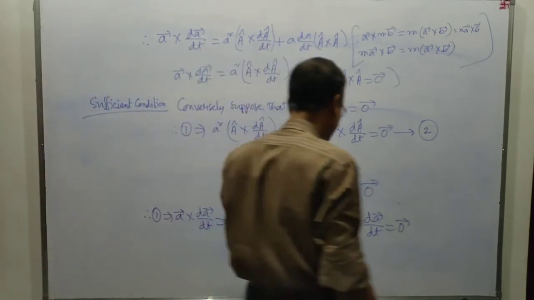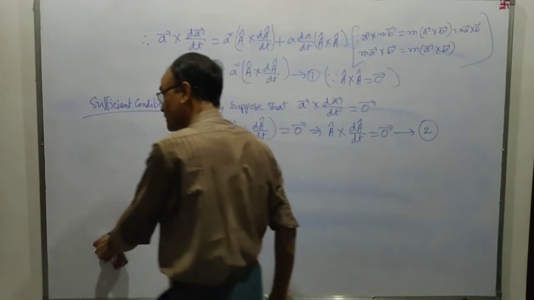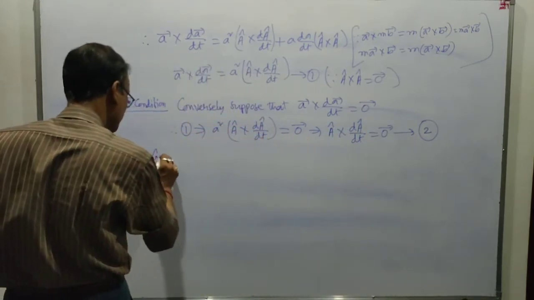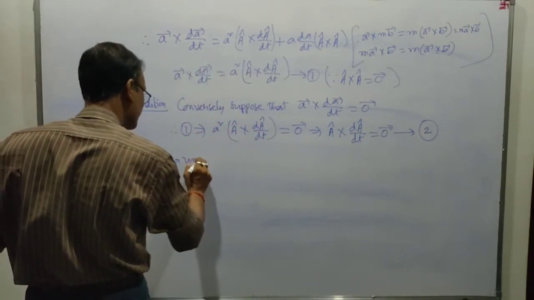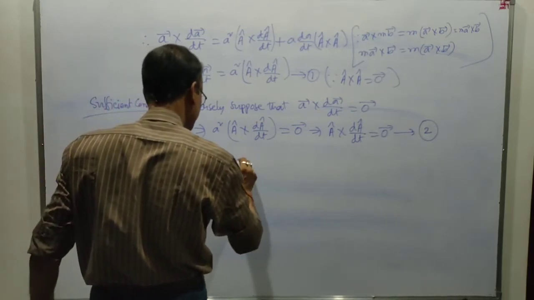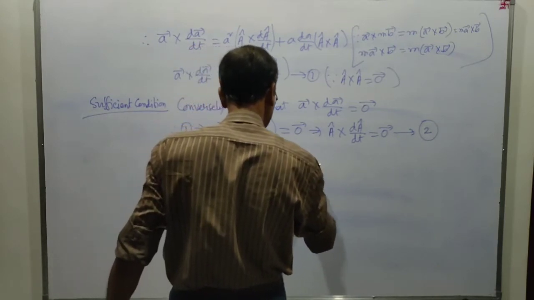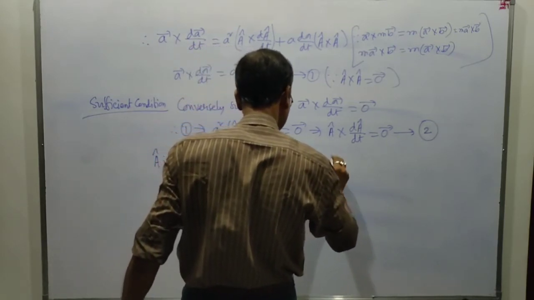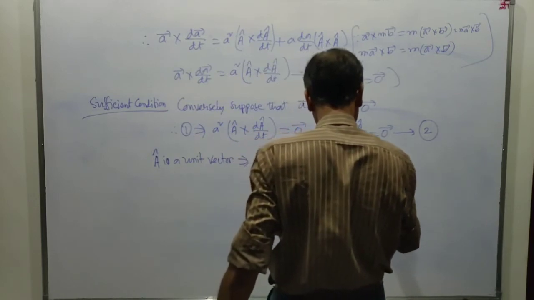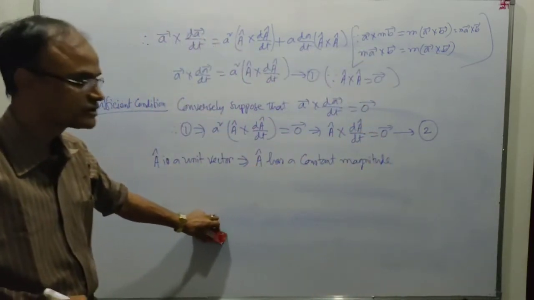Now, A cap is a unit vector, which means it has a constant magnitude.